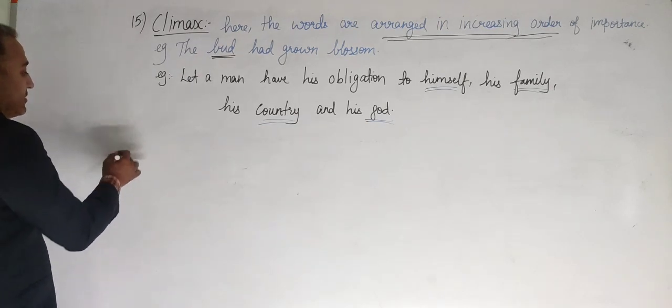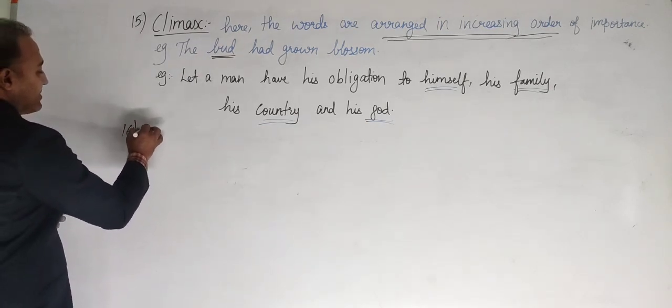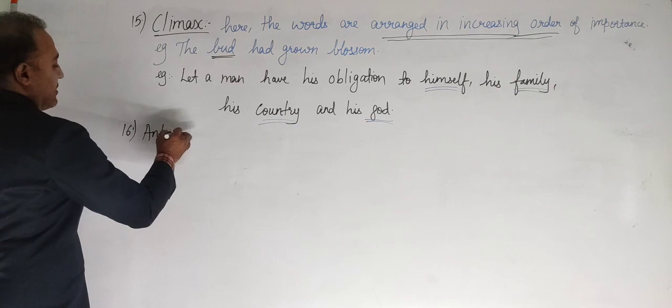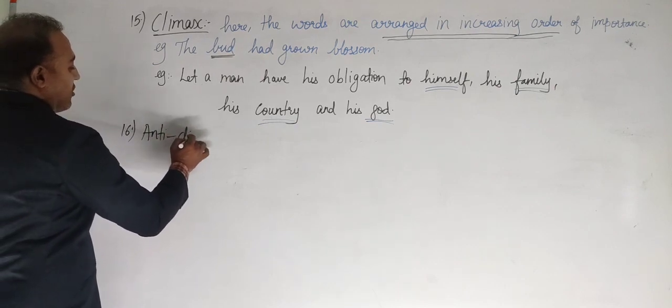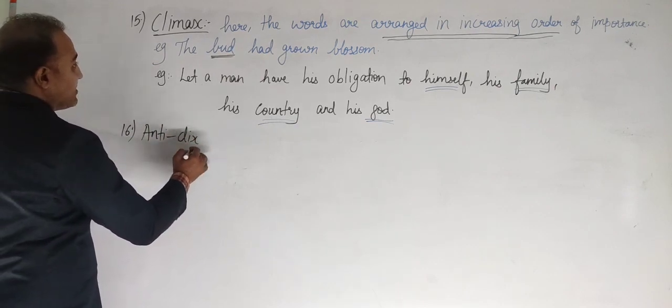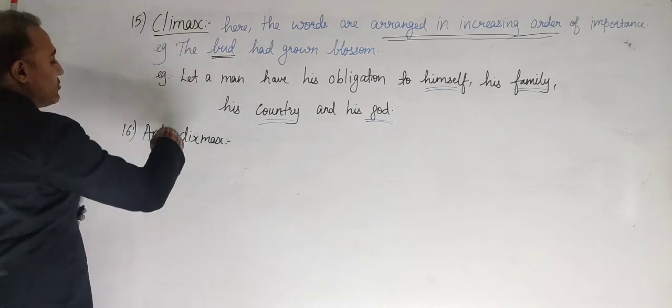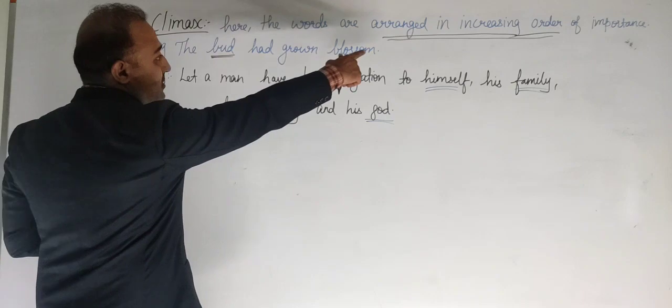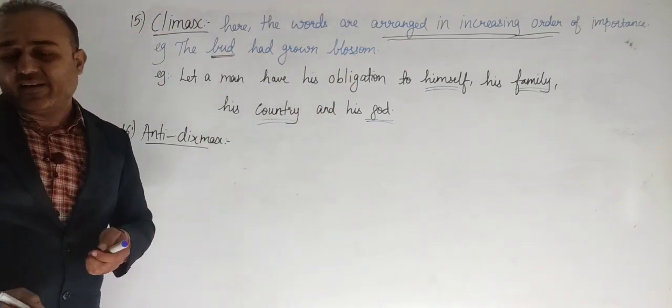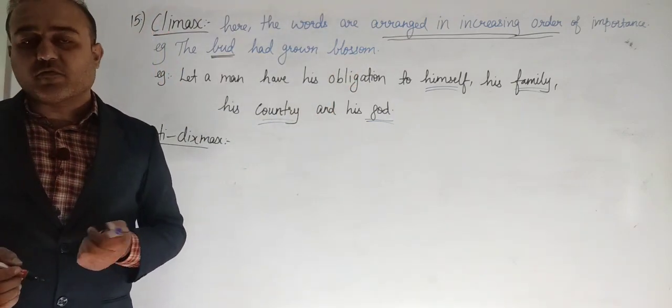And the last figure of speech for today is anti-climax, right? Anti always means opposite. We have seen antithesis also, right? So anti-climax is exactly opposite to climax. Here it is increasing order; in anti-climax it is the opposite of climax.